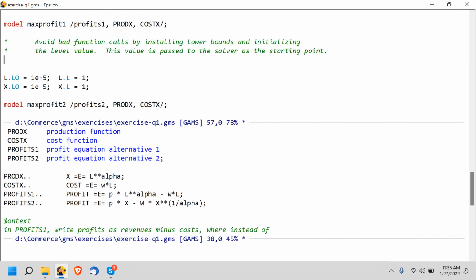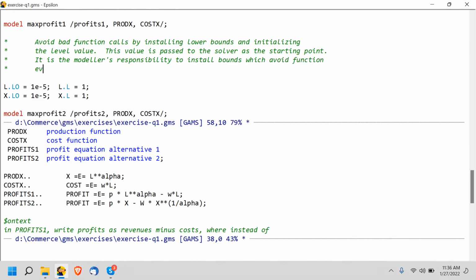Do I want to say anything else? It is the modeler's responsibility to install bounds which avoid function evaluations outside the domain of the function.